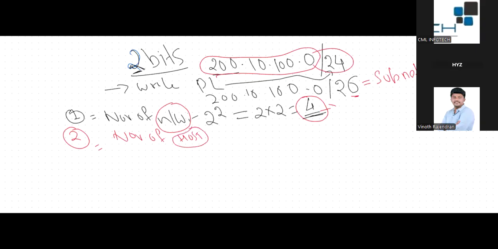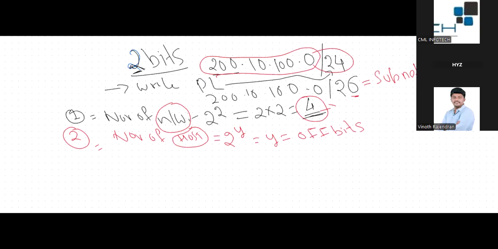Okay. So the number of hosts we can identify as 2 raised to y. Why 2 raised to y? The y is equivalent to the number of off bits. How do you calculate the off bits? This is 26.